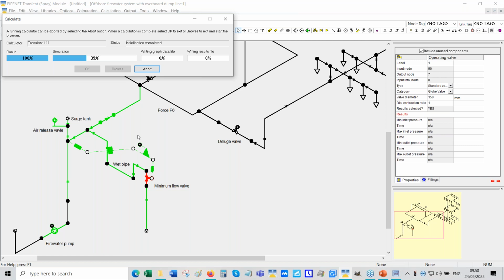Okay, and there's of course this control system on the overboard dump line as well, and that is what we're trying to model. And what is of most interest is what happens to the slug of water. Okay, I made a mistake. I didn't put a drain valve here, but I want to see what happens to this.